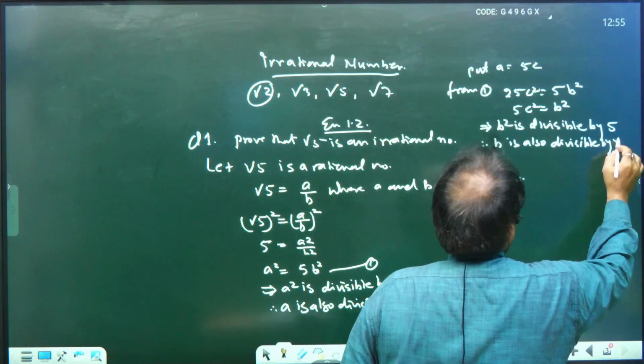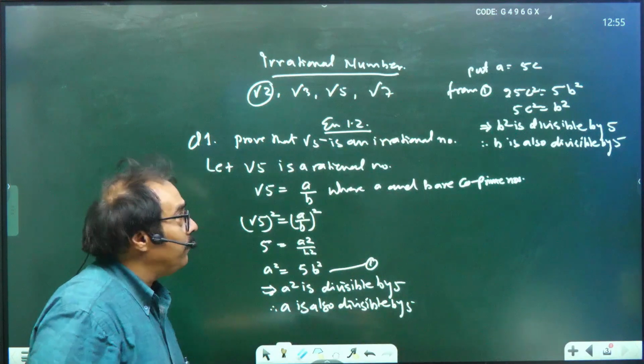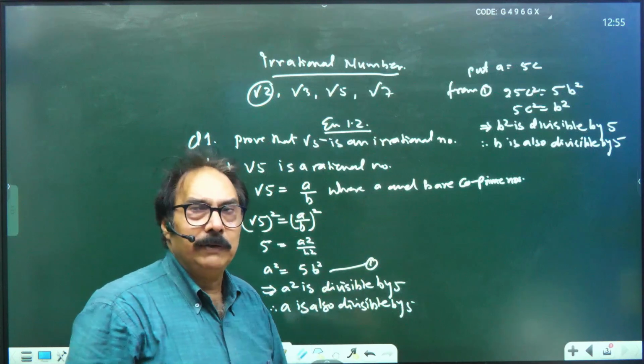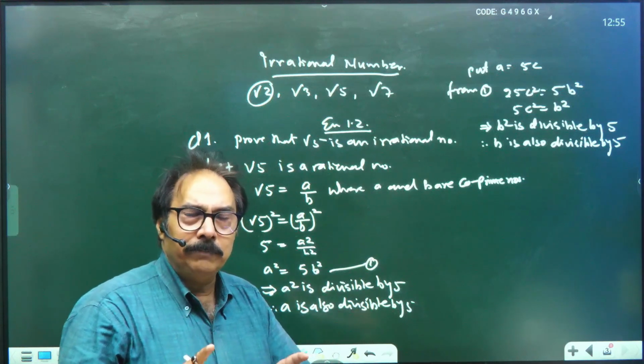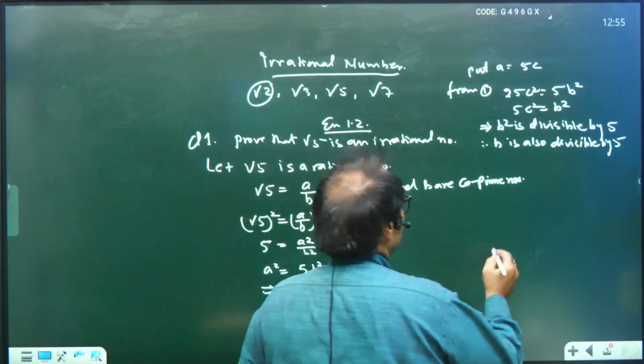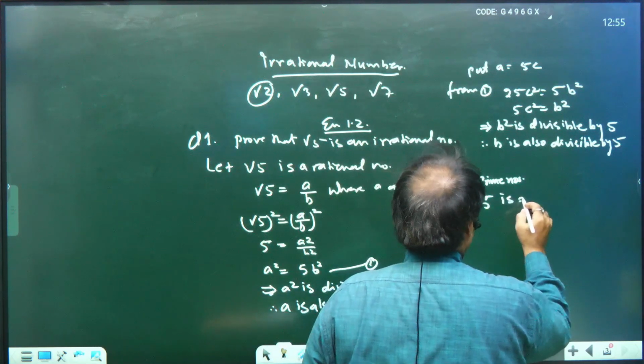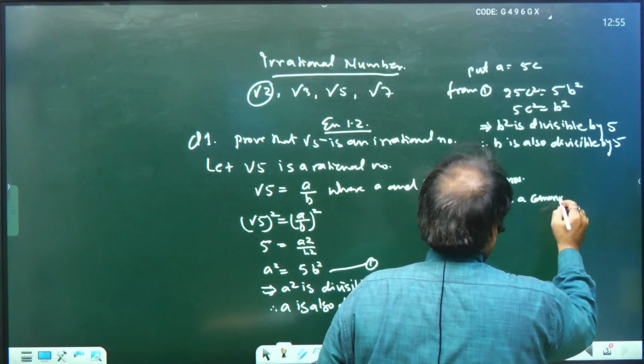Okay, so what does it mean? A is also divisible by 5, b is also divisible by 5. It means a and b are having 5 as a common factor.